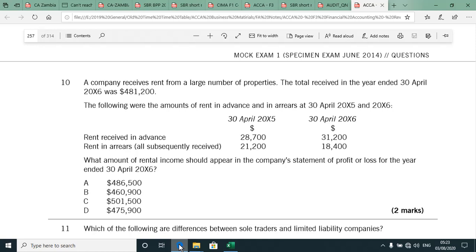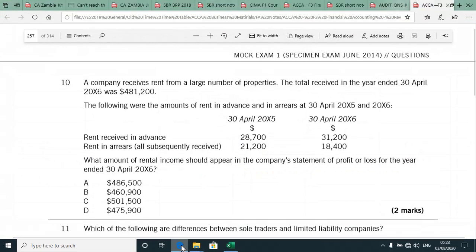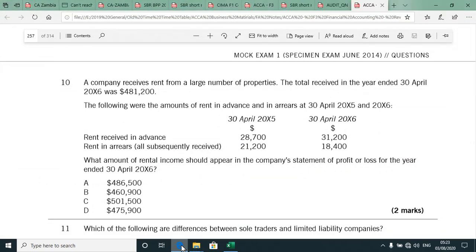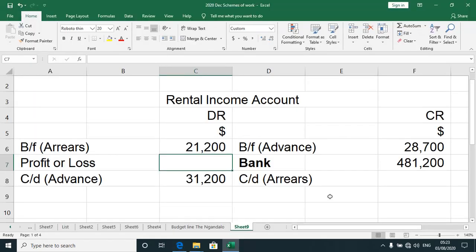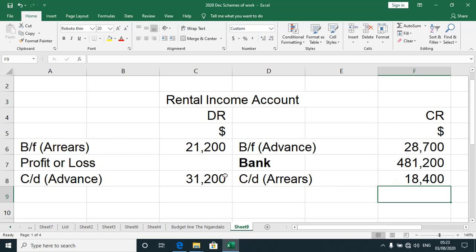The arrear for X5, 21,200, should be pushed on the debit side rather, not on the credit side. And then the last arrear there is 18,400. I push it where it belongs there, and I try to balance my account without further delay.